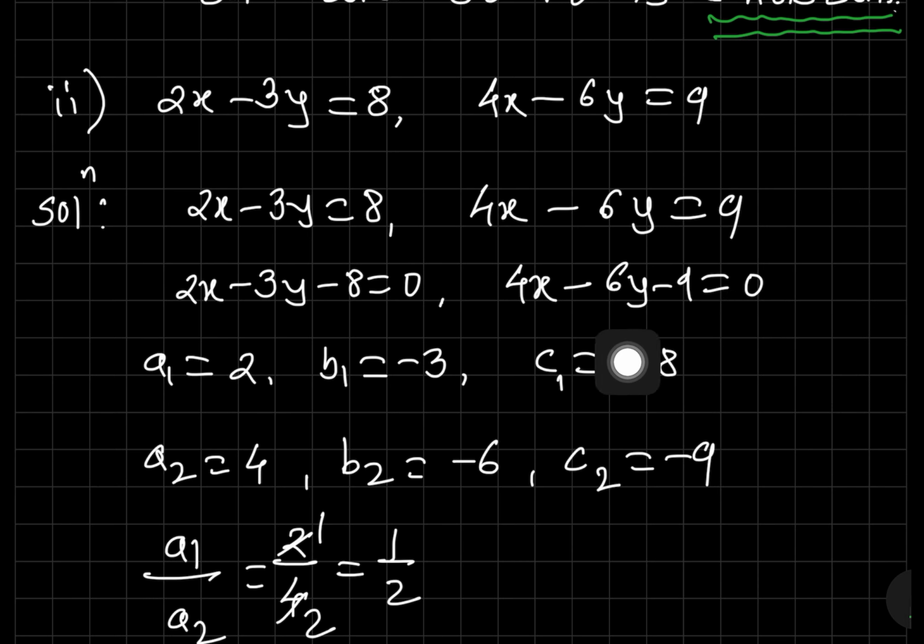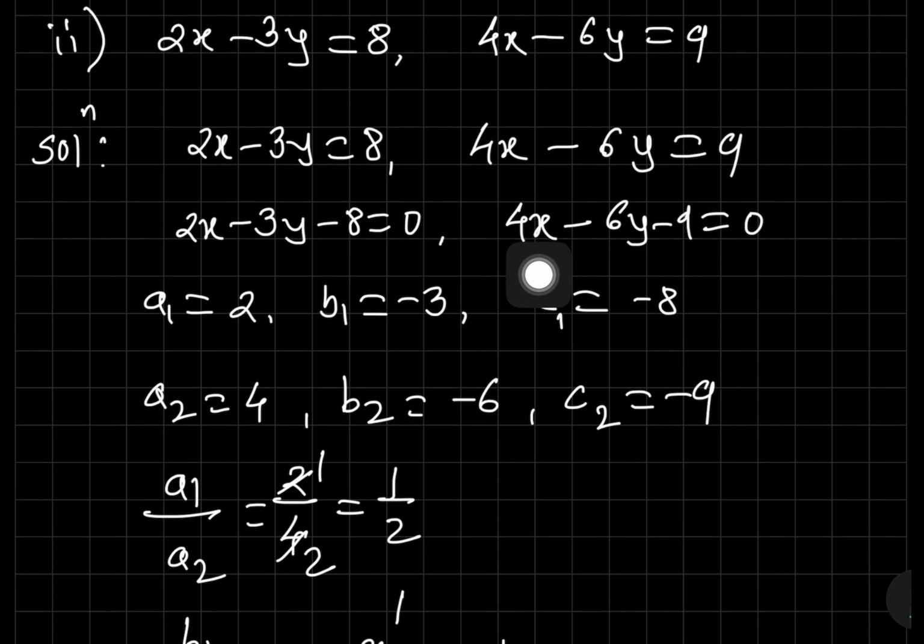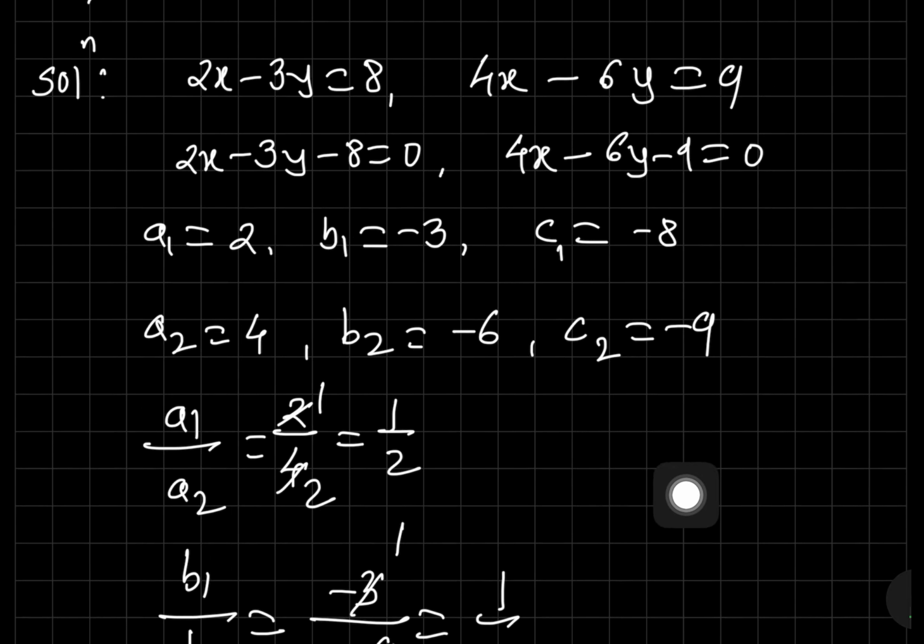Then a1 equal to 2, b1 equal to minus 3 and c1 equal to minus 8. Again I am telling you, if minus sign is there then you have to consider minus sign, if plus sign is there we are not writing that plus sign. Then a2 equal to 4, b2 equal to minus 6 and c2 equal to minus 9.